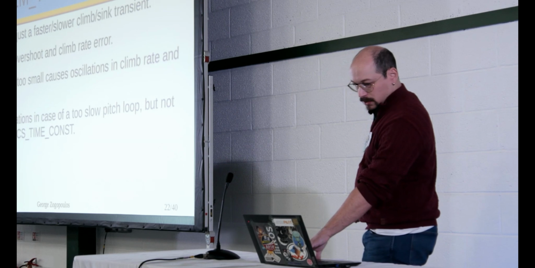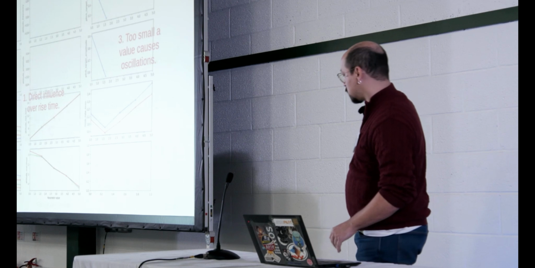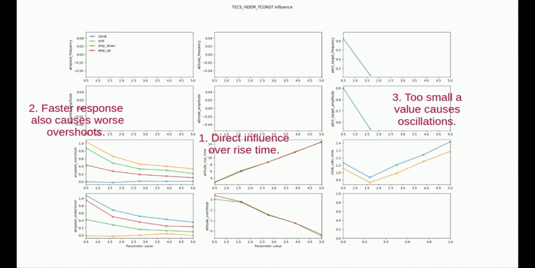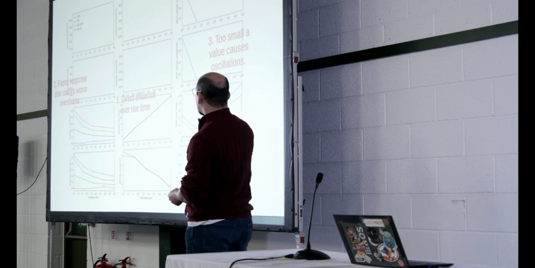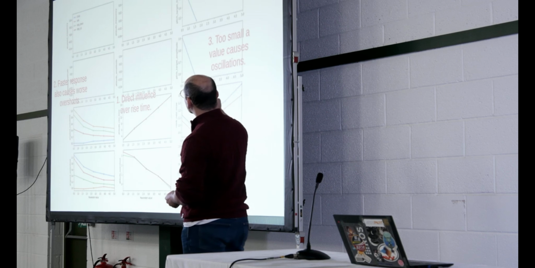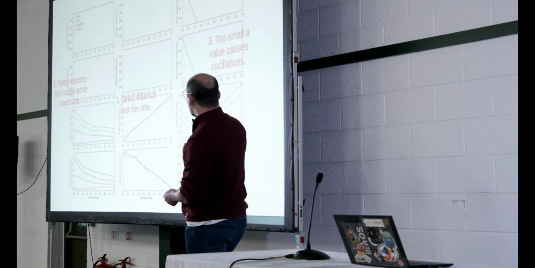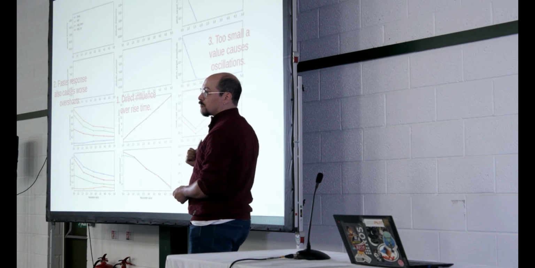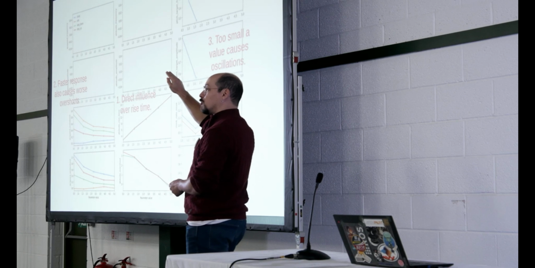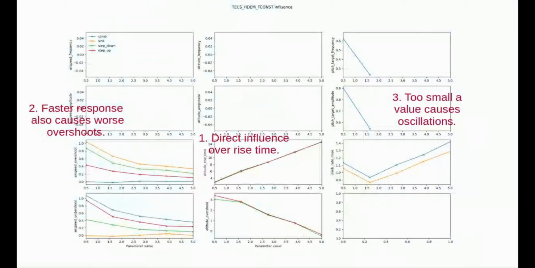And we see that increasing this time constant, as we expect, brings an increase in altitude rise time. That's good to see for step ups and step downs. It also decreases altitude overshoot because you climb more carefully to your final altitude. It also decreases airspeed overshoot as you make it greater.